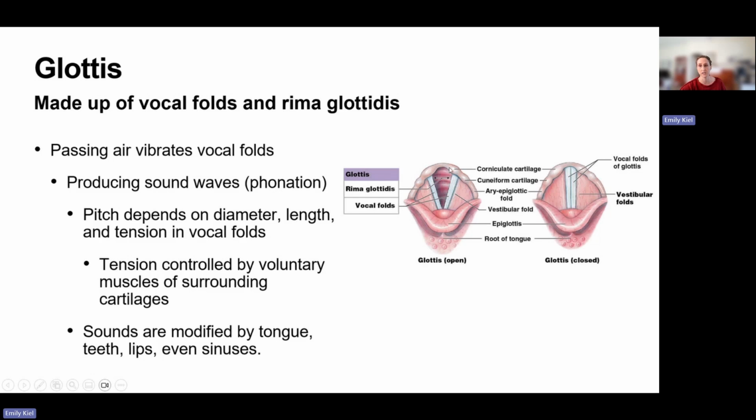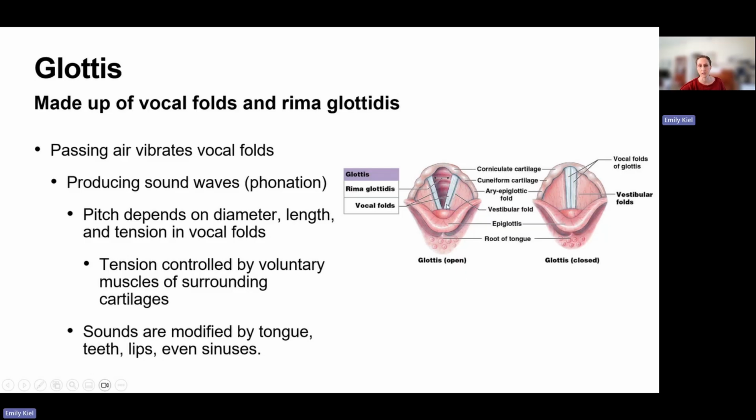You've got your corniculate cartilage, your cuneiform cartilage, your aryepiglottic fold. Here's that epiglottis. It has this distinct kind of rounded or depression shape that pokes forward, and here's the root of the tongue, and then the vestibular folds are what is connecting these vocal folds partially to some of these cartilages.